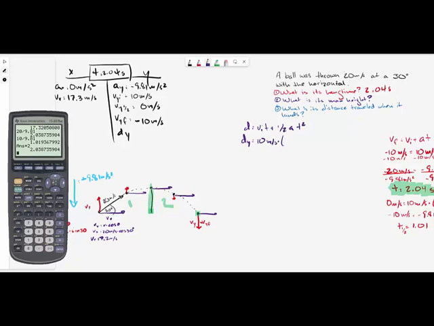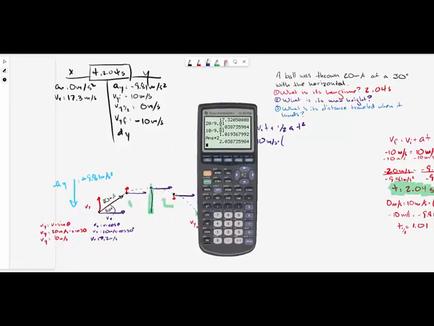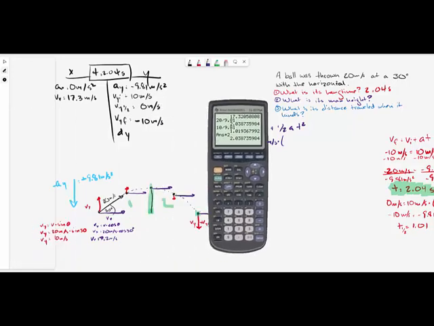Hopefully you know. 2.04 is the total time. I'll show you what that looks like on the calculator shortly. I'll show you the problem with that. In fact, let's save this value on our calculator. I'm going to store this as t for now.